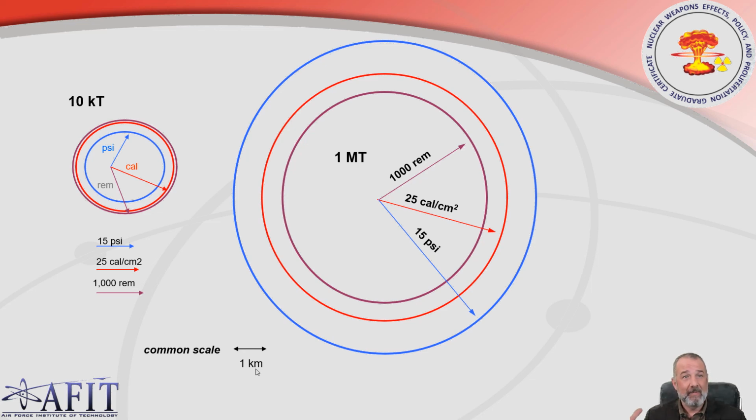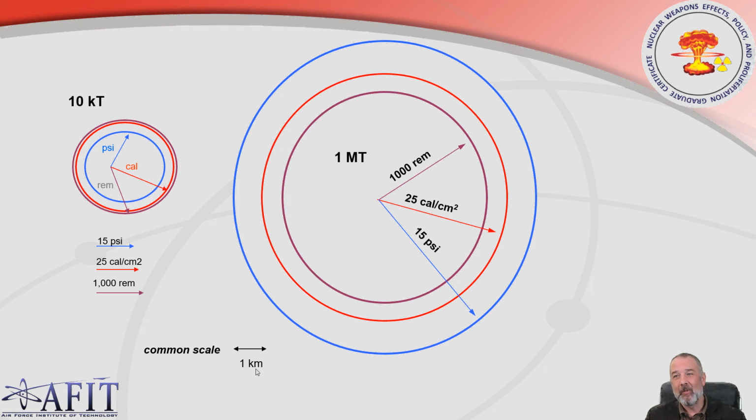Now, if we look at a 1 megaton blast, what we find is the thing that goes out the farthest is the overpressure, then the radiant exposure, and then the shortest or least ranging effect is actually the radiation exposure. That said, these are on the same scale.